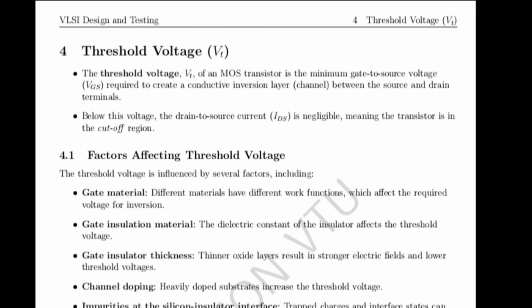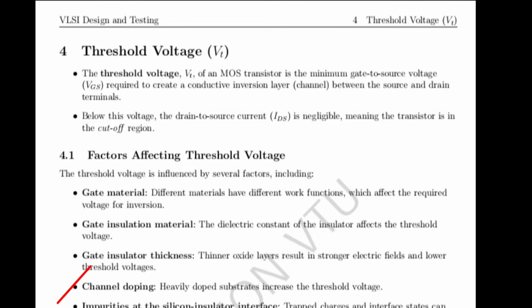Then gate insulator thickness is also one of the parameters that affect the threshold voltage. A thinner oxide layer results in stronger electric fields and lower threshold voltage.